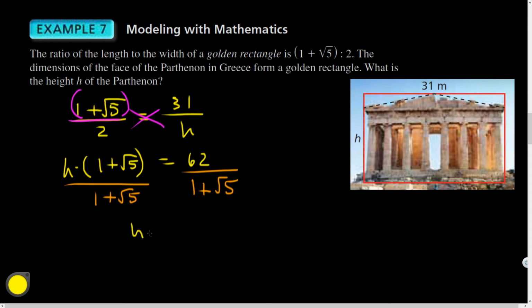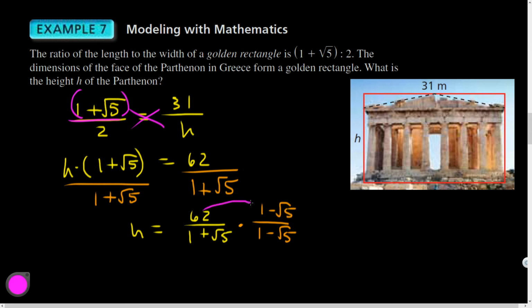And so h is exactly equal to this. And then, oh no, I've got a radical in the denominator. And so what do I do? Well, I can't multiply by rad 5 over rad 5. That won't work. But I can multiply by the conjugate. And so 1 minus rad 5 over itself.